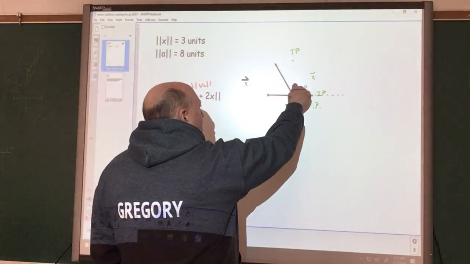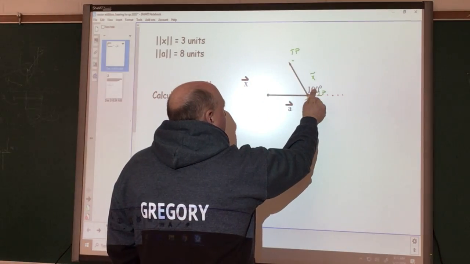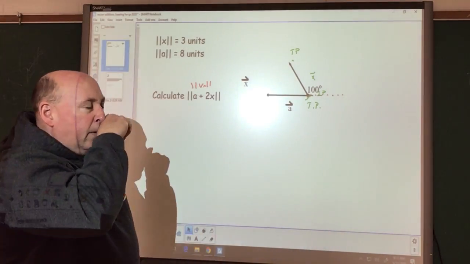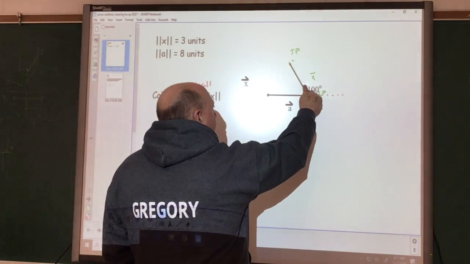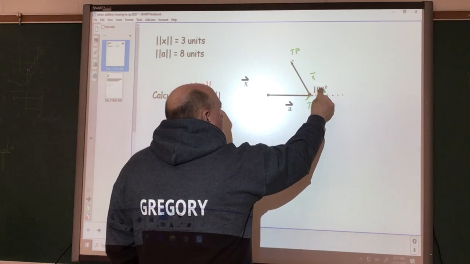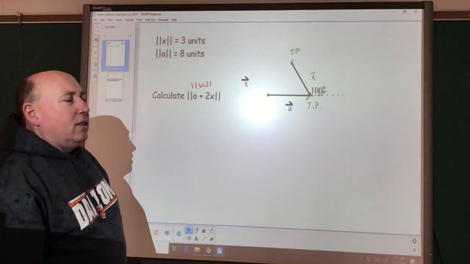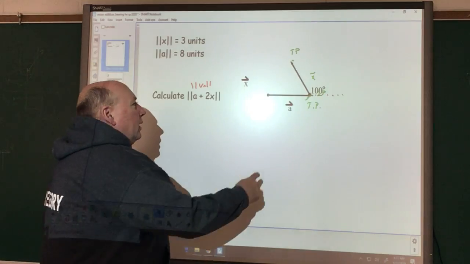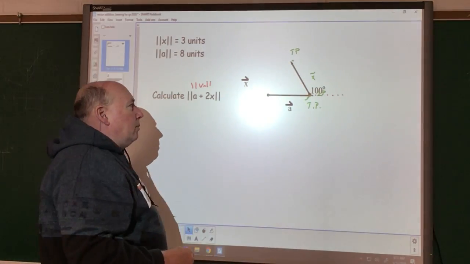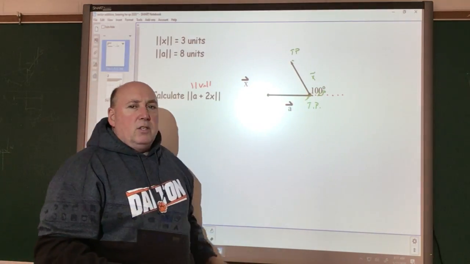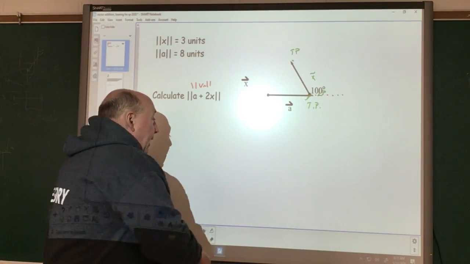If I go to the very end, my 100 degrees is going to be right there. Which means, what does this angle have to be that's formed between this vector addition? That's correct, 80 degrees.